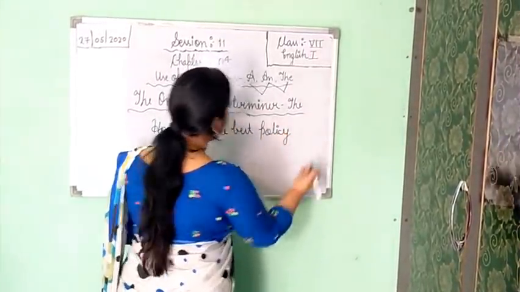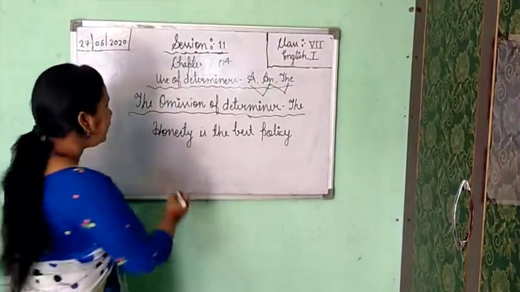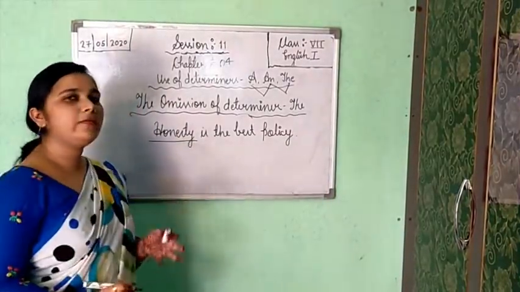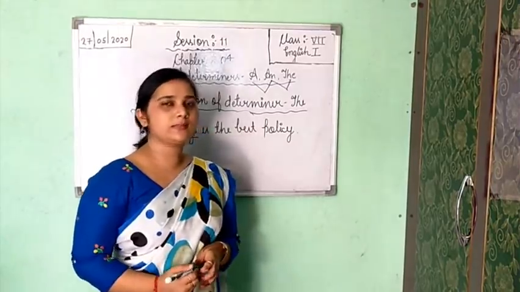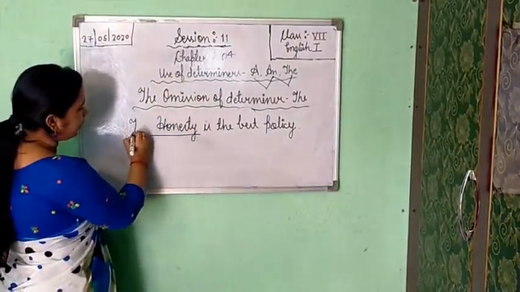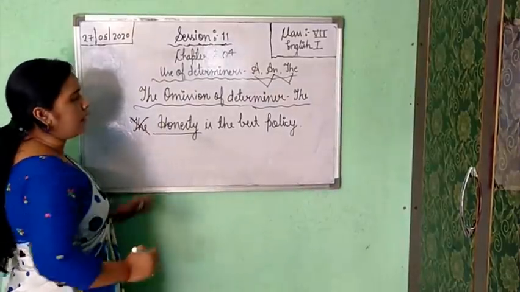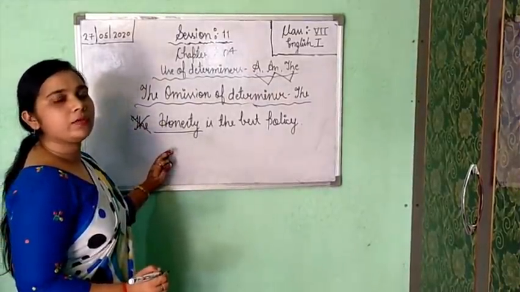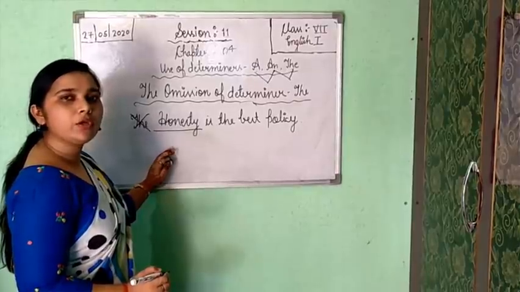Honesty is a feeling which an honest person has, so honesty is your abstract noun. If one uses the here, then it is wrong, because before an abstract noun which is used in a general way, we don't have to use the.